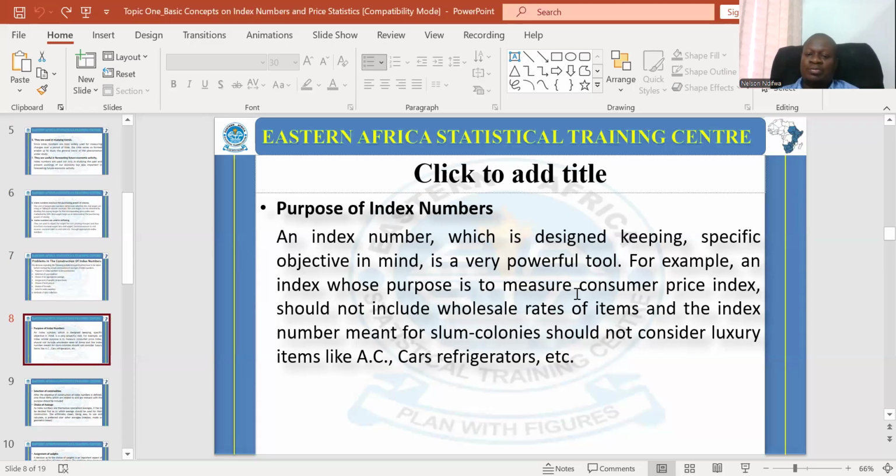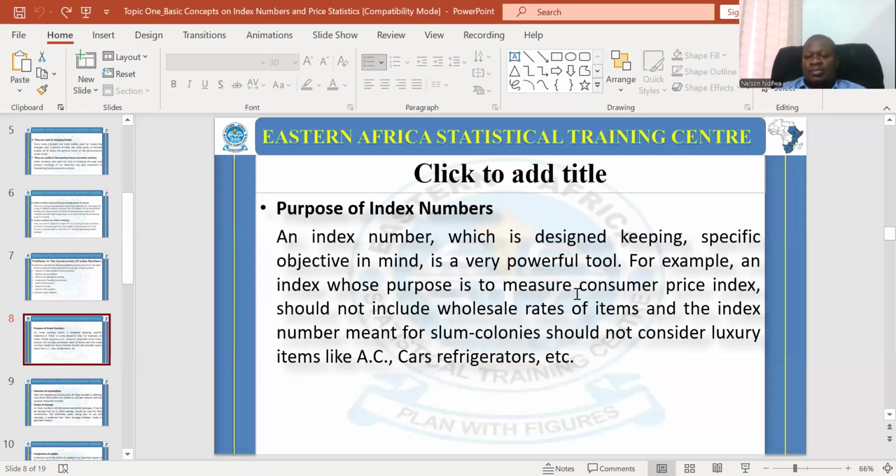I want to measure the consumer price index. It means there's no way in your prices to include the wholesale prices. So when we go for the prices, you don't need to go for the wholesale rates of items, because that index number is for the consumer. So maybe retailer prices will be better.